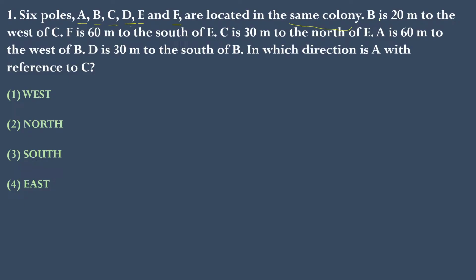If B is 20 meters to the west of C. First of all we will take the directions: east, west, north, south. Right. See that here B is 20 meters to the west of C.